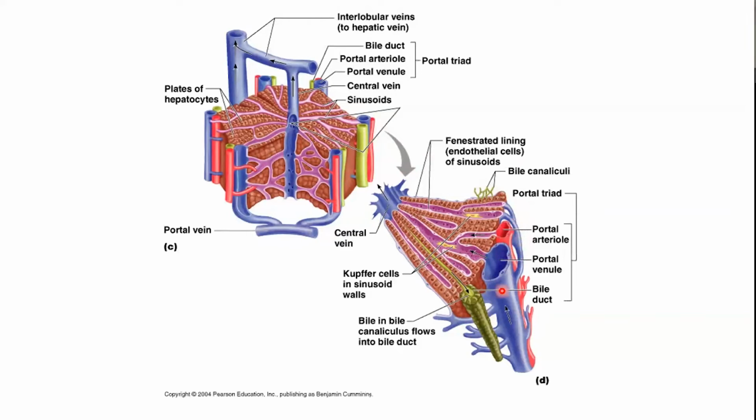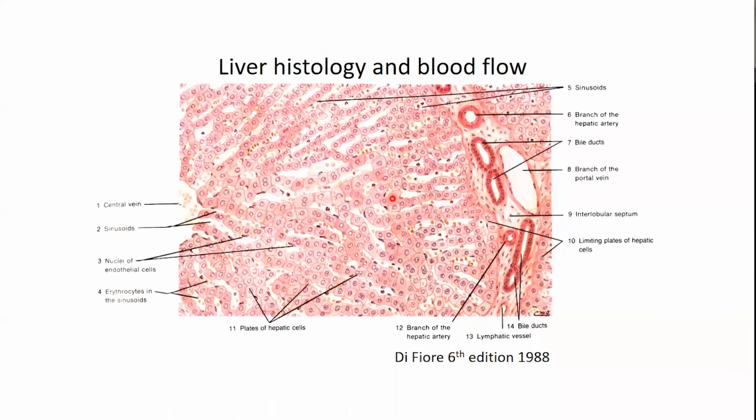One of the major ones is the hepatic portal venule coming from the hepatic portal vein. There's also arterial blood coming from the systemic hepatic arteries. All of that blood basically goes through the capillary bed, or the sinusoid system, of the liver and into the central vein before going back into the systemic cardiovascular system.